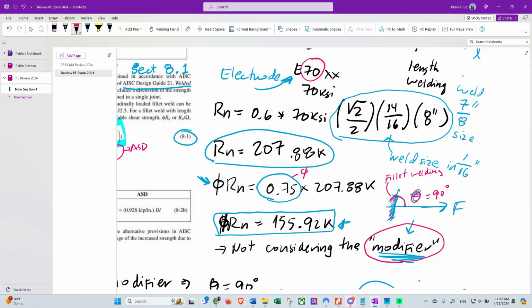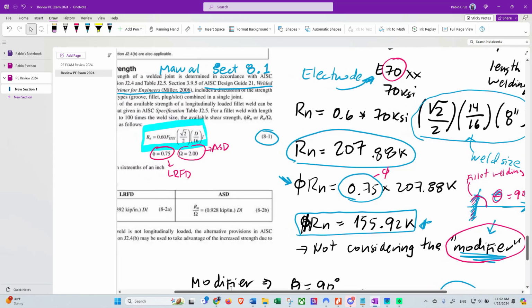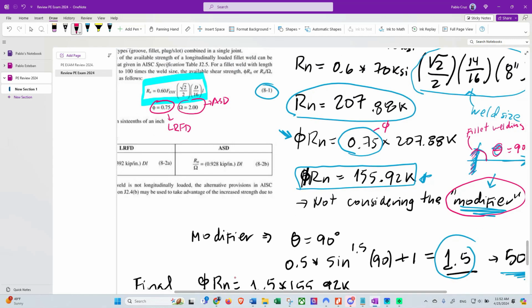So we need to calculate the modifier. The modifier is calculated using this equation: 0.5 times the sine of 90 degrees to the 1.5 power, plus 1, right? So this is equal to 1.5.